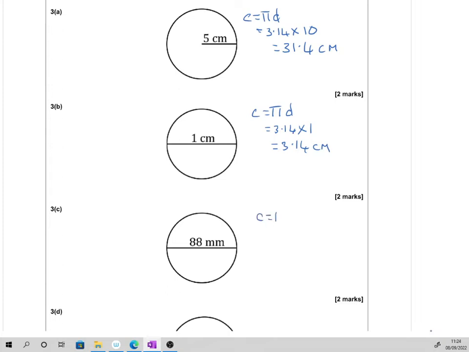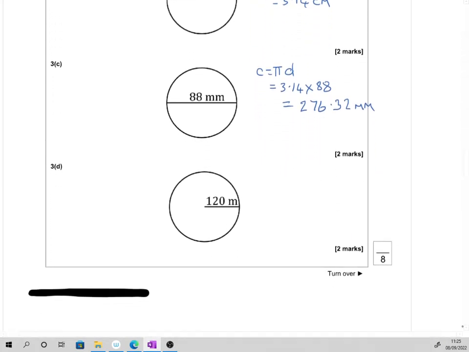C equals pi d, which is 3.14 times 88, which is 276.32 millimeters.